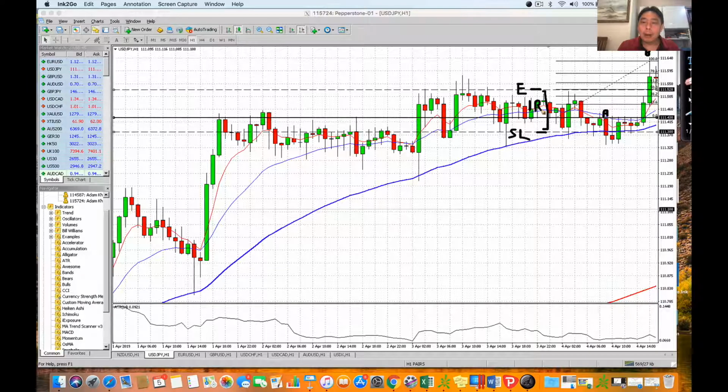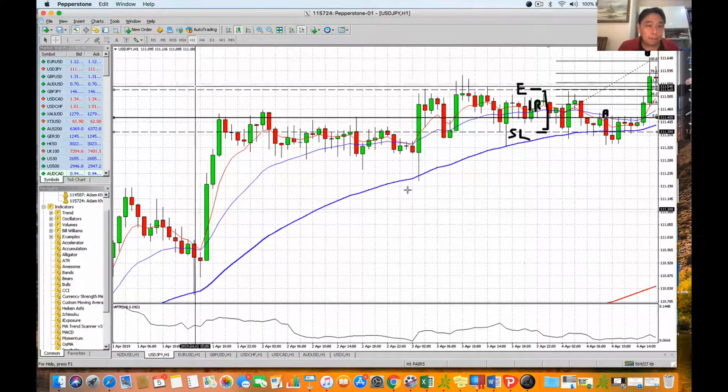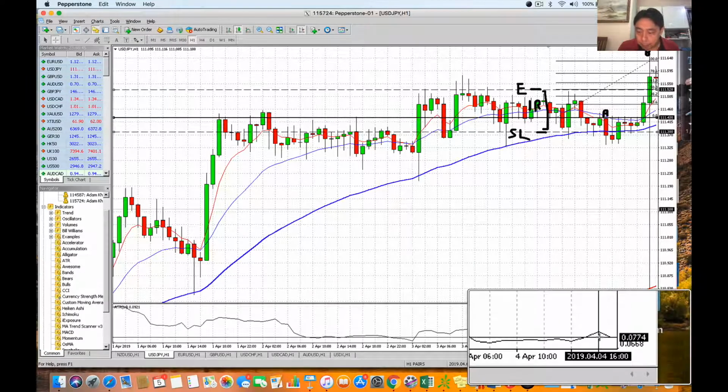So my 1 hour should be at least 2 ATR. So what is 1 ATR again? We checked it just now. 1 ATR was about 7.6 pips. So times 2, that's about 15 pips, right?